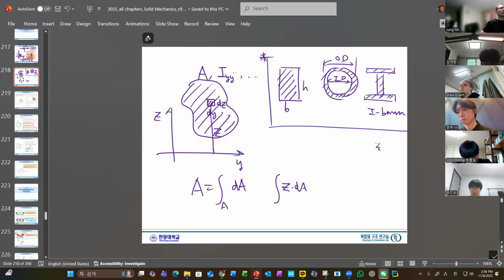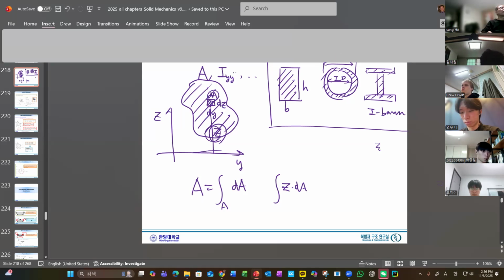In other words, there is a dA, and it can be represented by a weighting factor of z. So if dA is further from this axis, z will increase. This is another property this cross section might have.